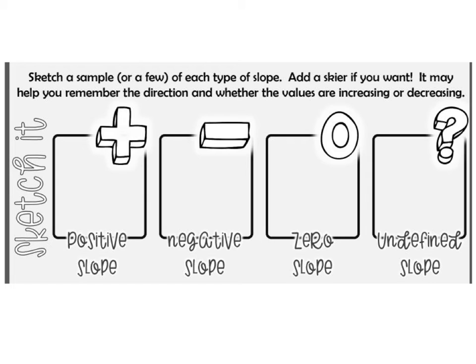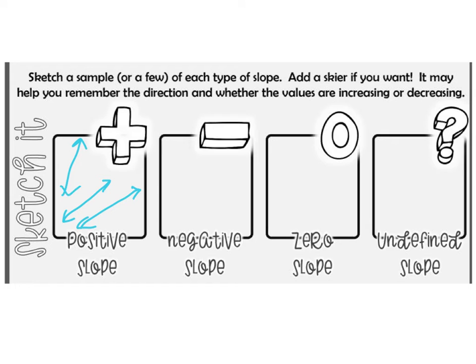Okay, so in your notes, I want you to sketch positive, negative, 0, and undefined slope. So just do a couple examples of each, just so you can see. You don't even have to draw a grid.